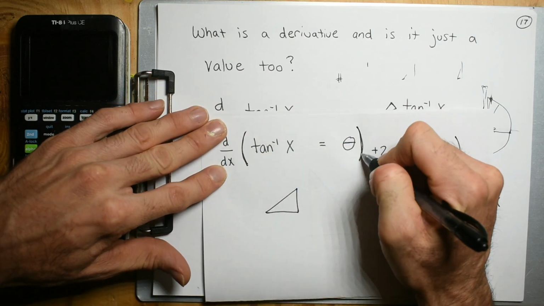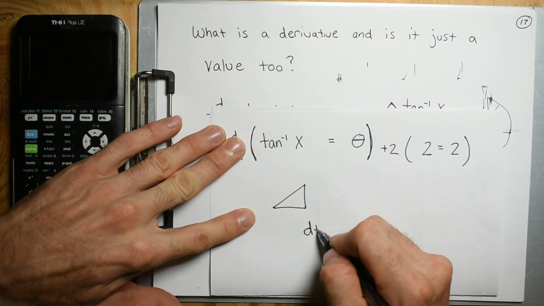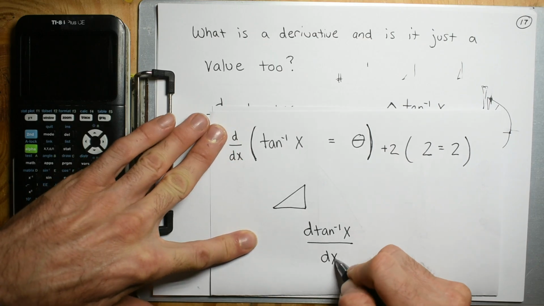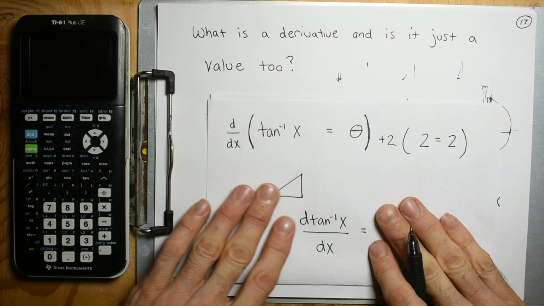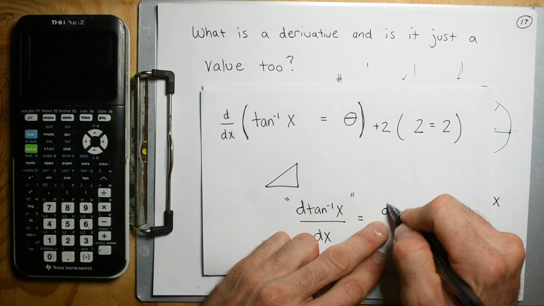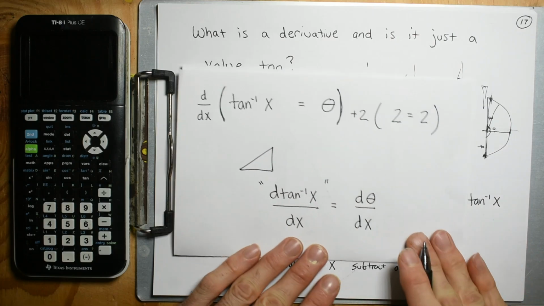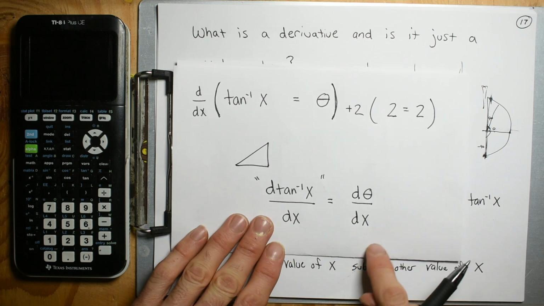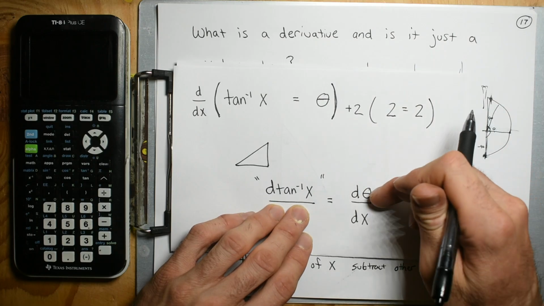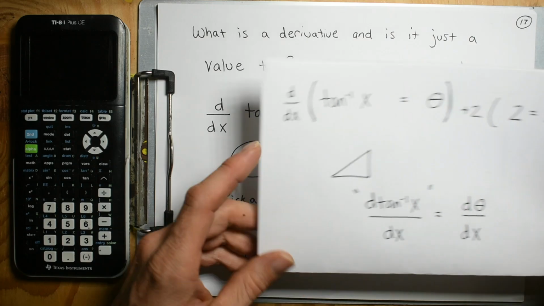Taking the derivatives of both sides is probably one of the most important parts of this problem, because it's saying this funky thing that we don't know is equal to the change in the angle as we change the ratio. So there you go. We're going to input a ratio, but this part is going to output an angle.